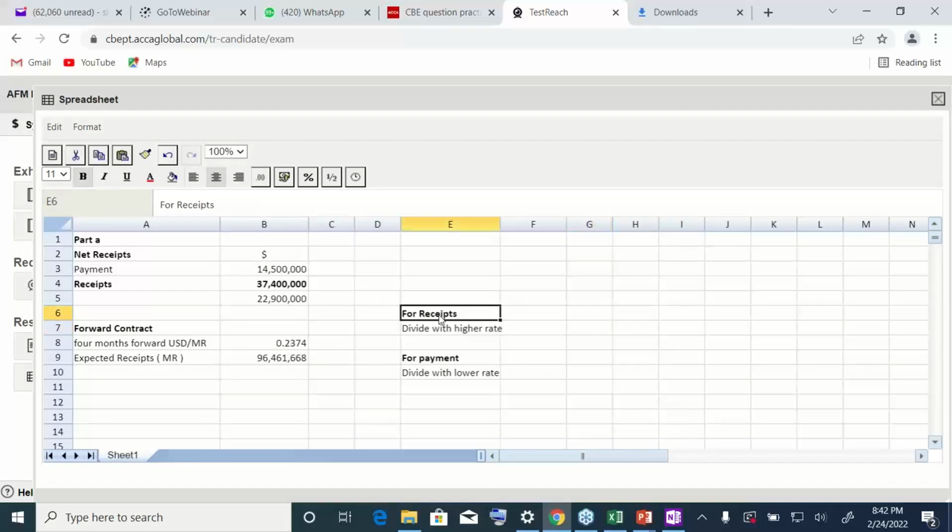Remember this rule: whenever you are calculating receipt, for division you divide by the higher rate. Whenever you are calculating payment, divide by the lower rate. And for multiplication, it is opposite: multiply by the lower rate for receipt, and multiply by the higher rate for payment.